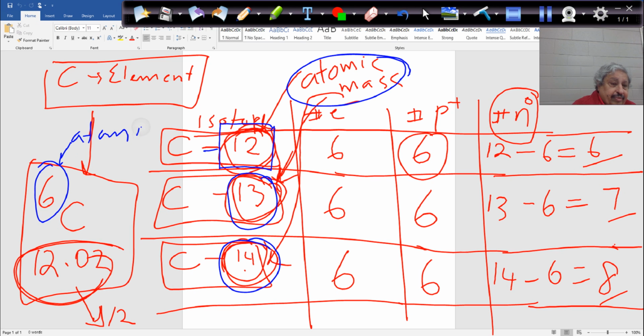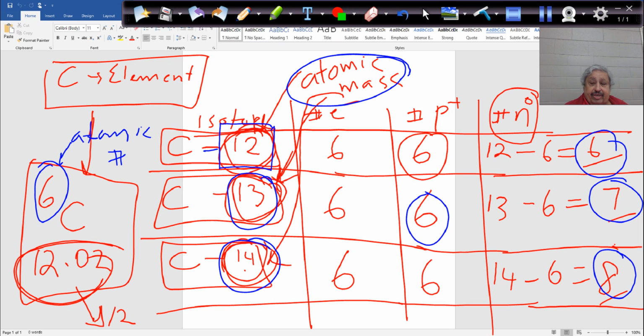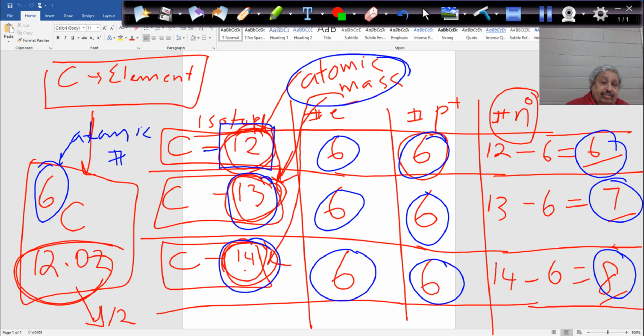Every time you get a different number of neutrons, those remain the same, no change. See here? Protons and electrons don't change. They remain the same thing. Correct, guys? Everybody's following? So can we take this one out? So that's what isotopes are.